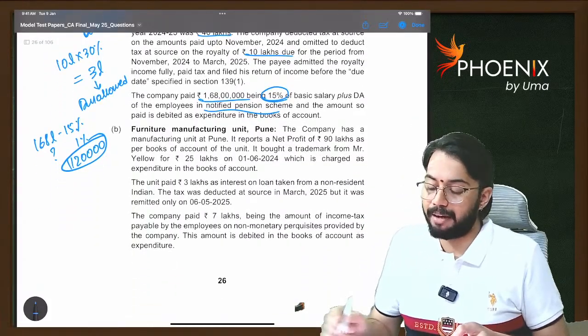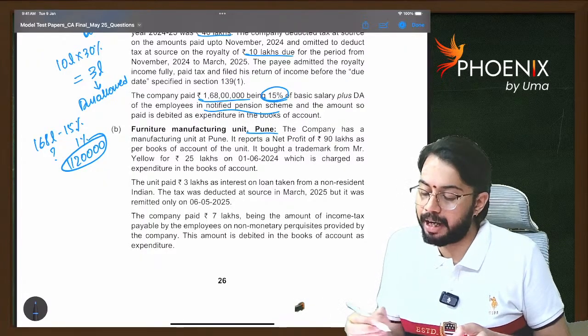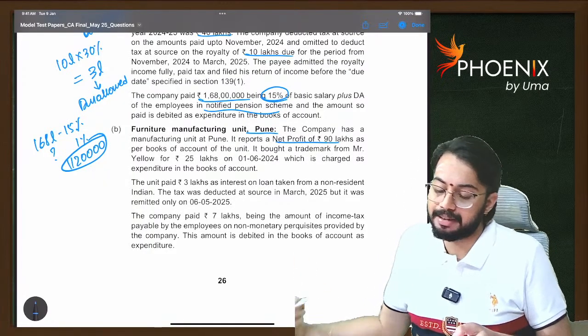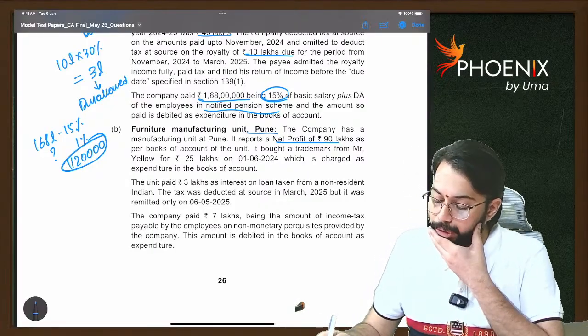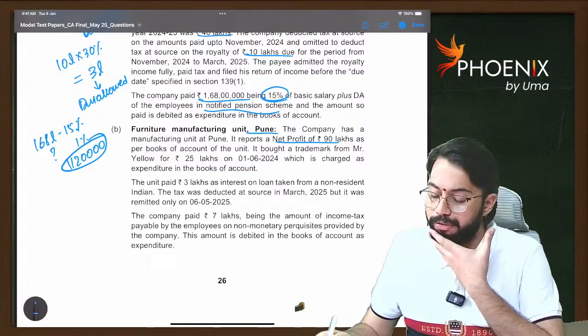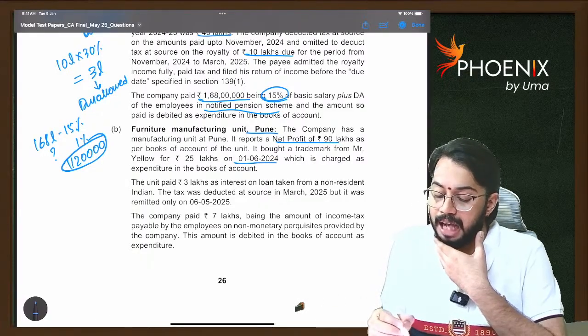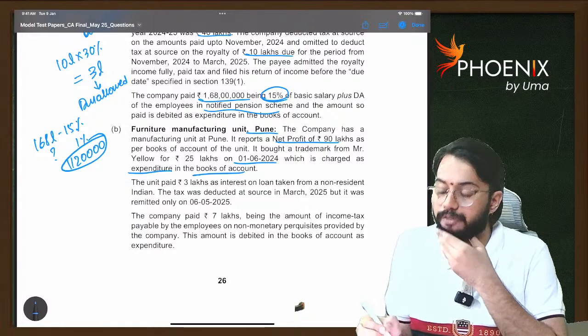Next, furniture manufacturing unit, Pune. The company has a manufacturing unit at Pune. It reports a net profit of 90 lakhs as per books of accounts of the unit. It bought a trademark from Mr. Ello for rupees 25 lakhs on 1st June 2024, which is charged as expenditure in books of accounts.